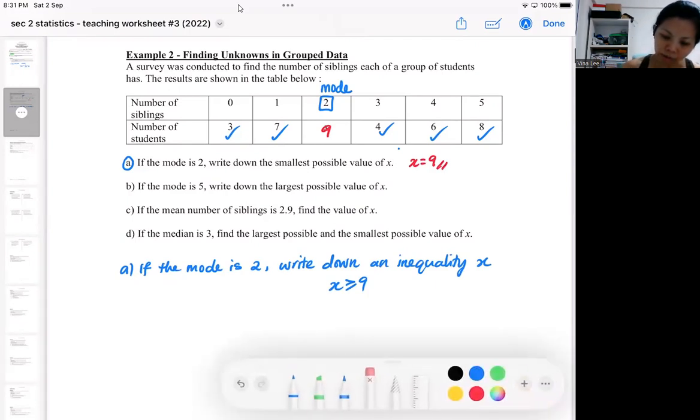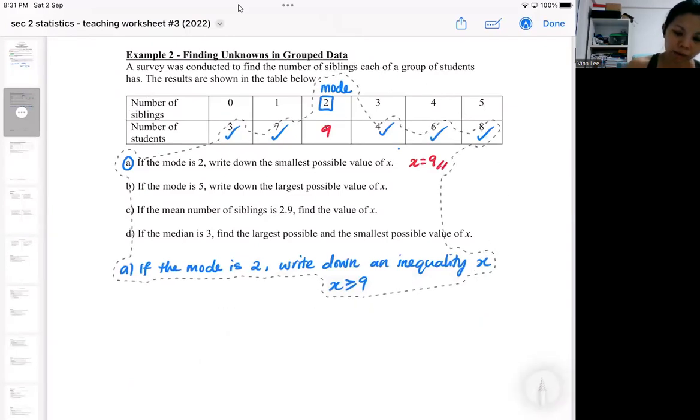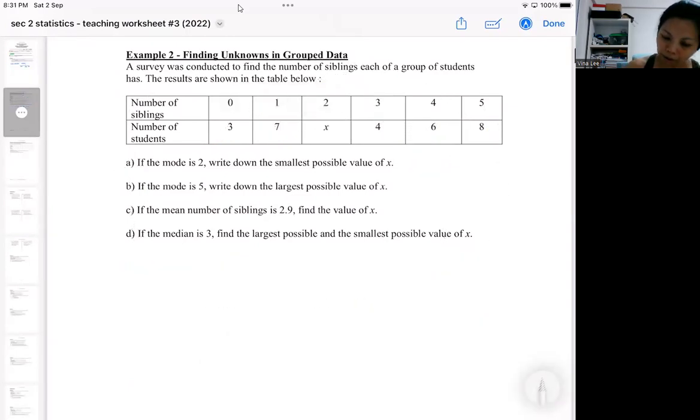Then for the next one, we'll change the question again. On part B, we're going to change the mode to 5. If the mode is 5, that means this is the highest frequency already.